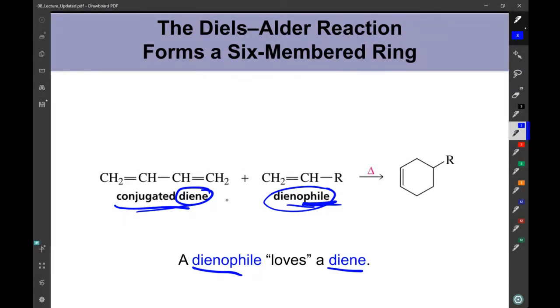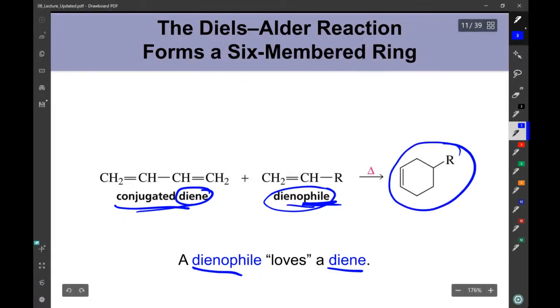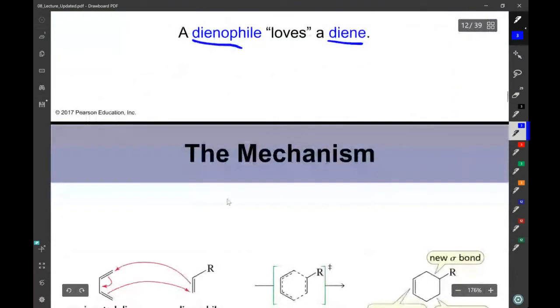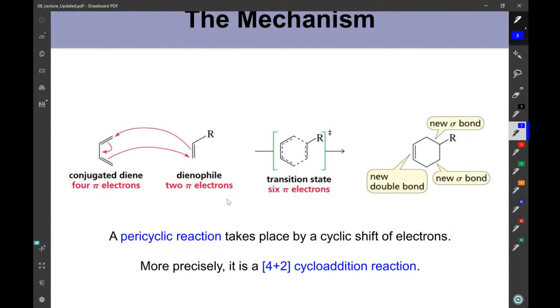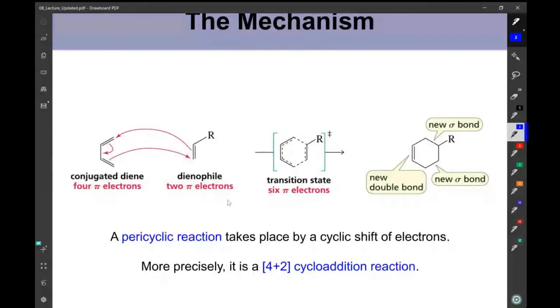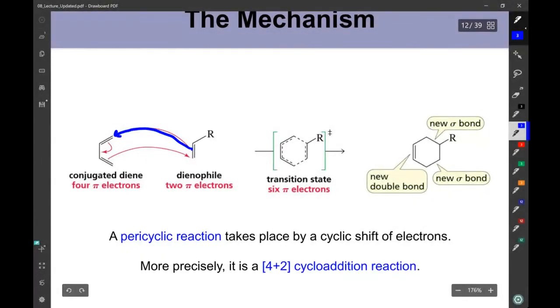That reaction always leads to the formation of a cyclic system, a six-member ring. That's what the Diels-Alder reaction is. So what I want you guys to understand here is how a Diels-Alder reaction forms and what product we are going to obtain. Now, in terms of the mechanism of the Diels-Alder reaction, the electrons from the dienophile migrate and connect to one of the carbons of the diene.